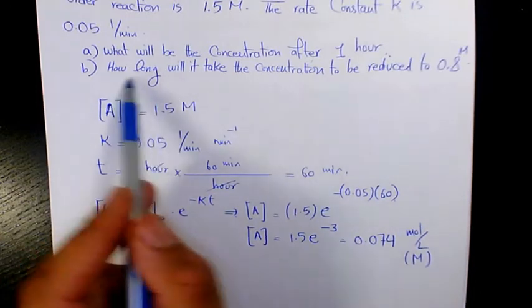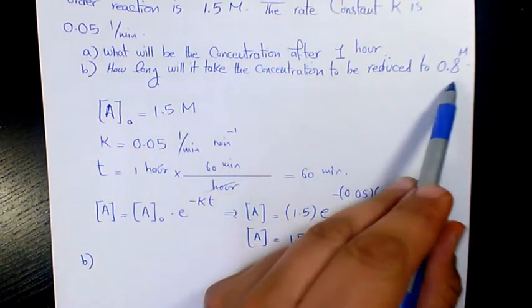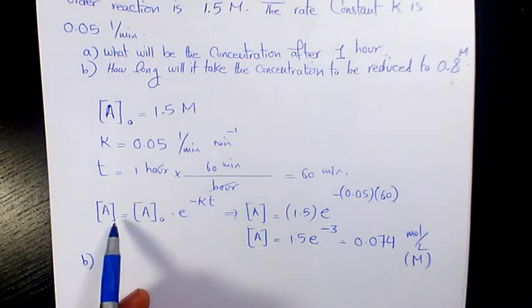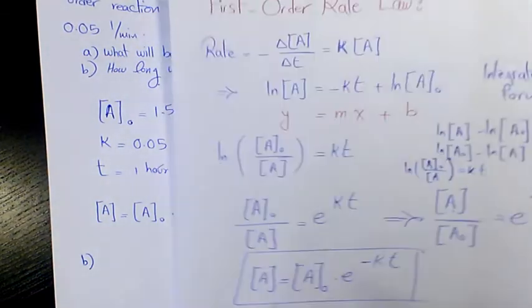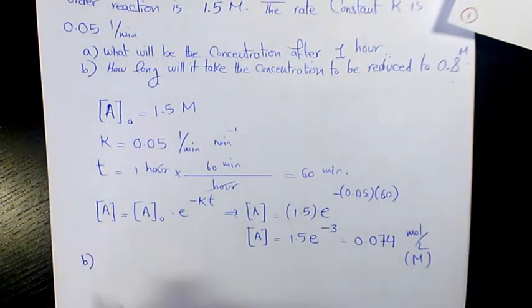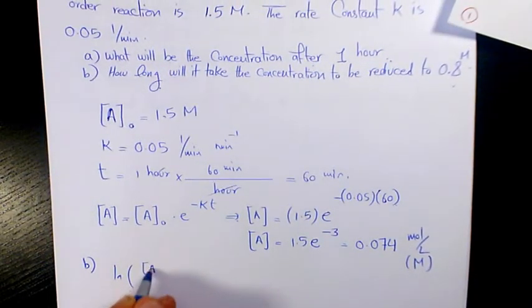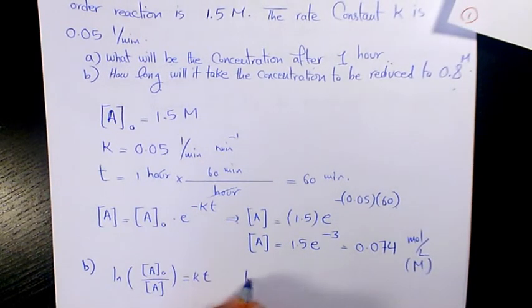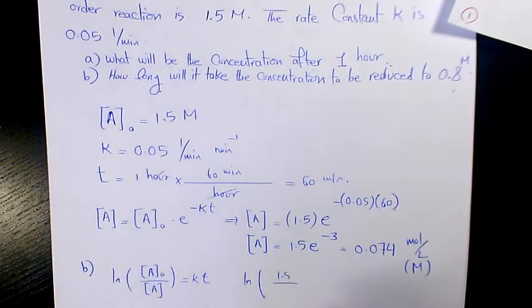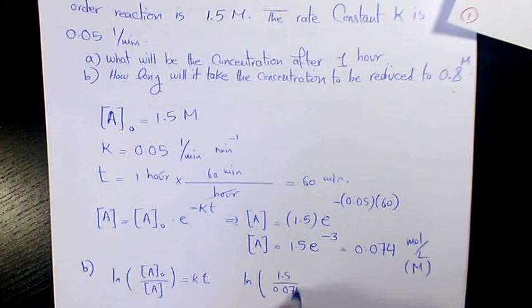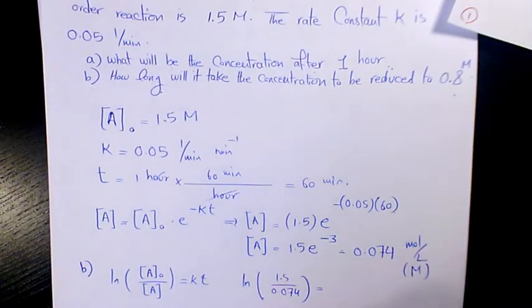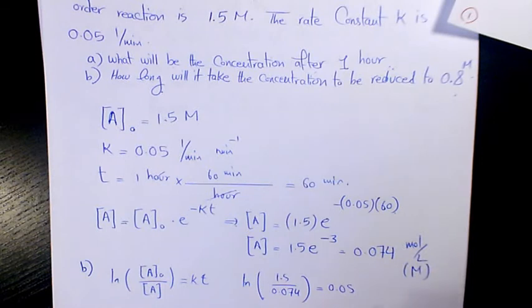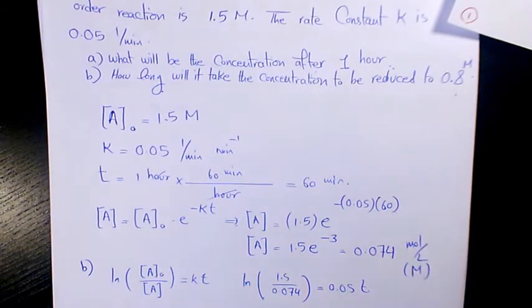Part B, it says, how long will it take the concentration to be reduced to 0.8? So we again write the same formula, or we can write it in this form, doesn't matter. So I'm going to say ln of A naught over A equals K times T. So it's going to be ln of initial concentration 1.5, final concentration 0.074, equals K, which is 0.05, times T. So 1.5 divided by 0.074, then you can say ln 20.27.